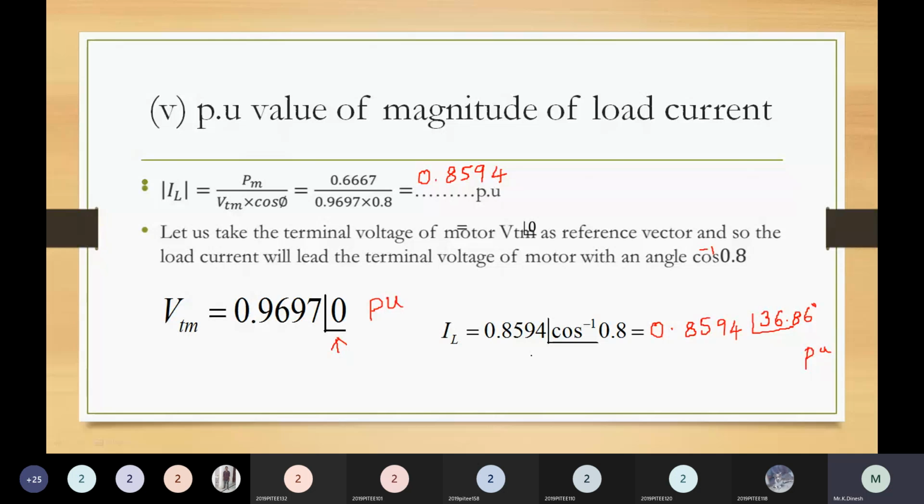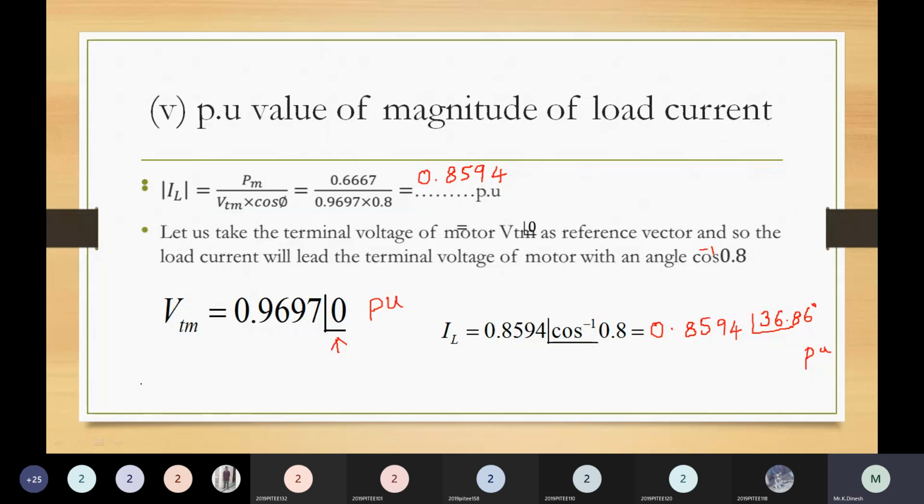The current is 0.8594. The power factor is given as 0.8, so cos inverse of 0.8 is 36.86. So the load current should be 0.8594 at an angle 36.86 per unit.